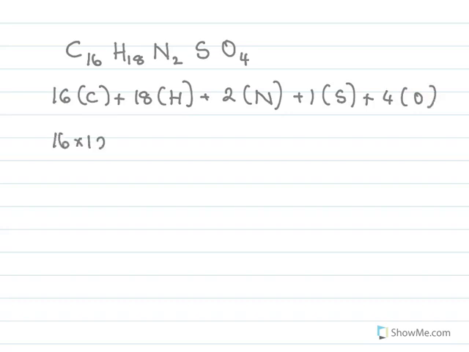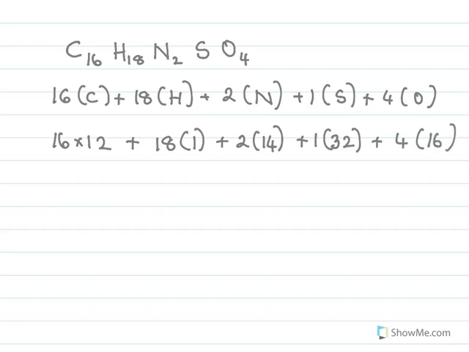So 16 carbons means 16 into 12, and here 18 hydrogen is 1, nitrogen is 14, sulfur 32, this will be given to you, and oxygen is 16.